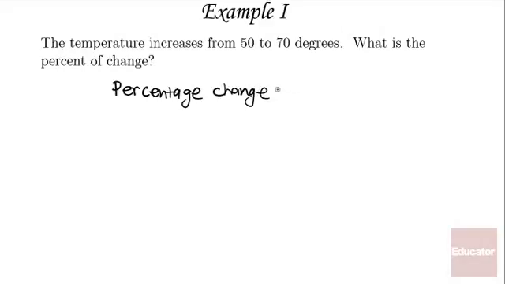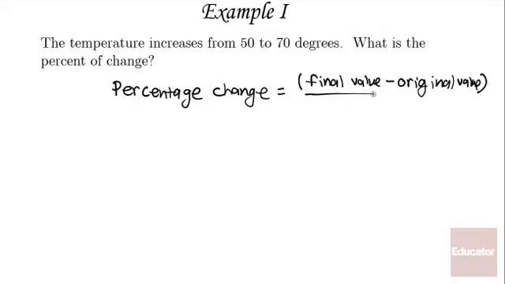The formula involves taking the final value, subtracting the original value, dividing all of that by the original value, and then multiplying all this times 100. The reason that you're multiplying times 100 is you want the answer expressed as a percent. So this is an equation that you should become familiar with, and it calculates percentage of change.